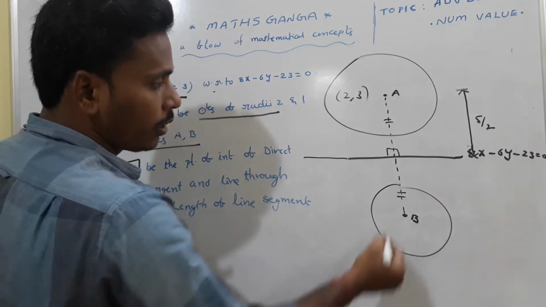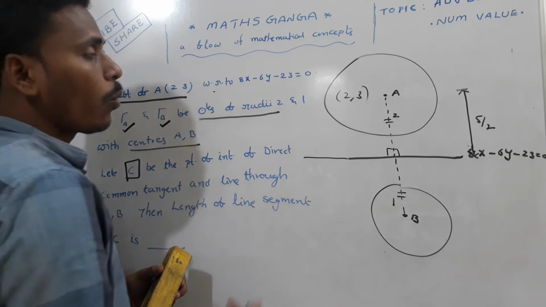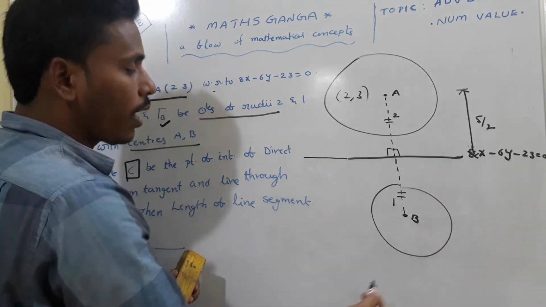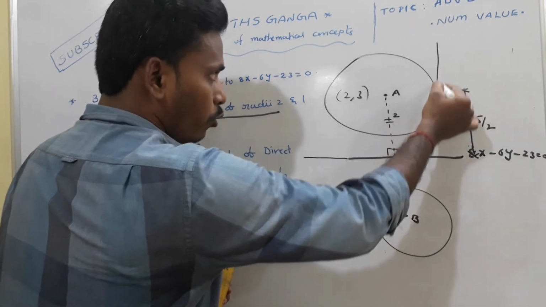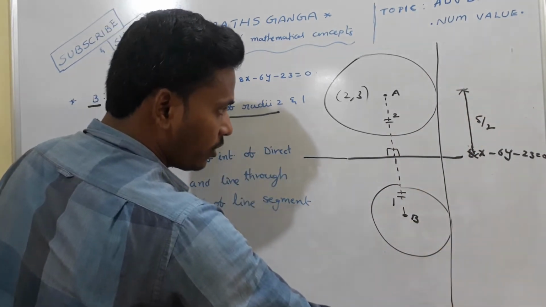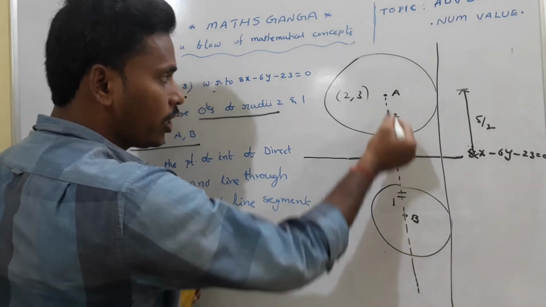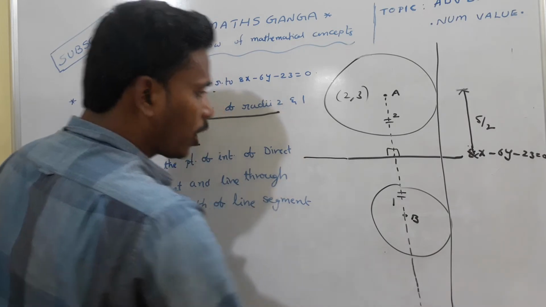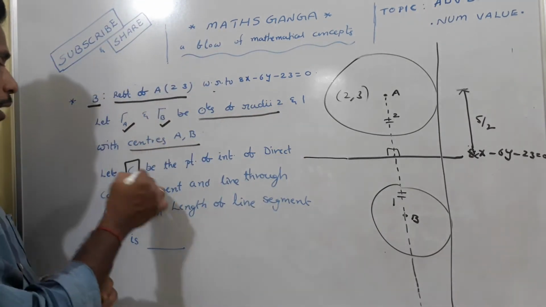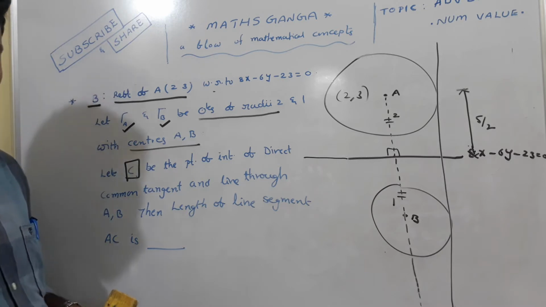This radius is 1, this radius is 2. Now our task is to draw a direct common tangent for the two circles. Suppose this is the direct common tangent. If you extend this, the line joining A and B and this direct common tangent will meet at a point C, and then I need to calculate the length of AC.